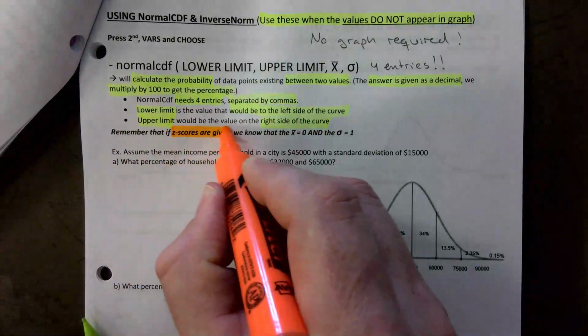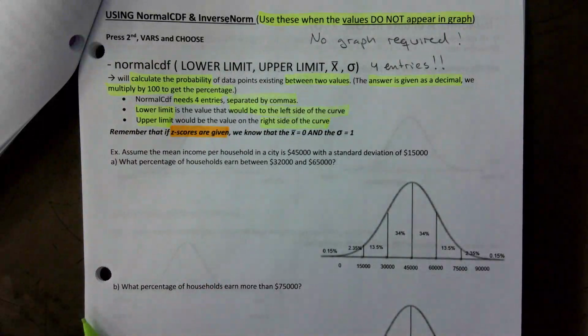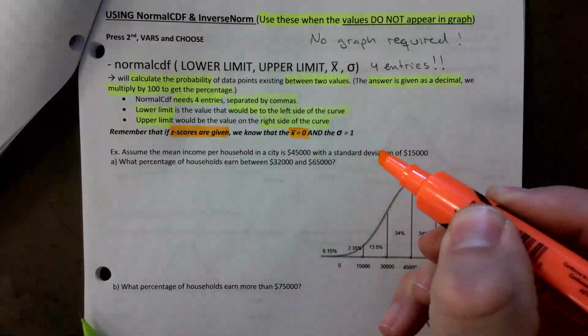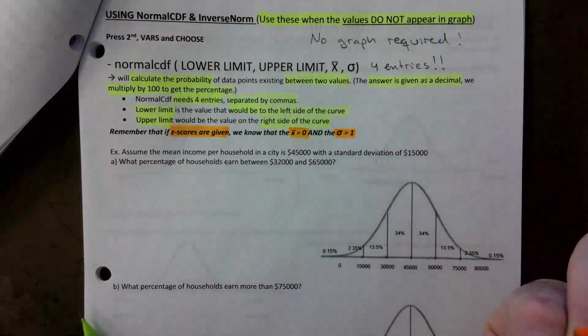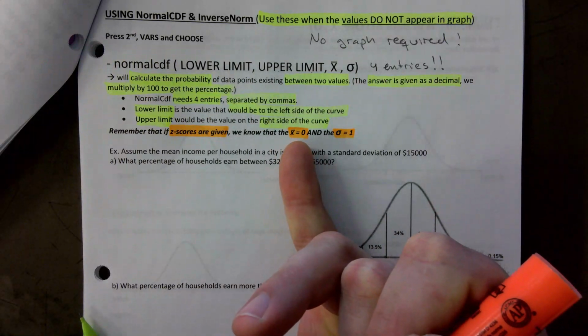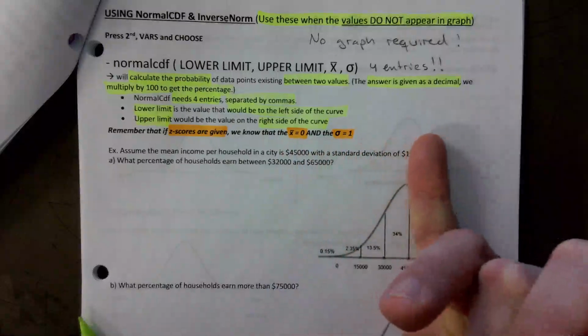If the z-score is given, if I give you the z-score, I don't need to give you the mean and the standard deviation. Because you should immediately know that the mean is 0 and the standard deviation is 1. Remember, every time we put the 0 under the average, and then we go up by 1, right?